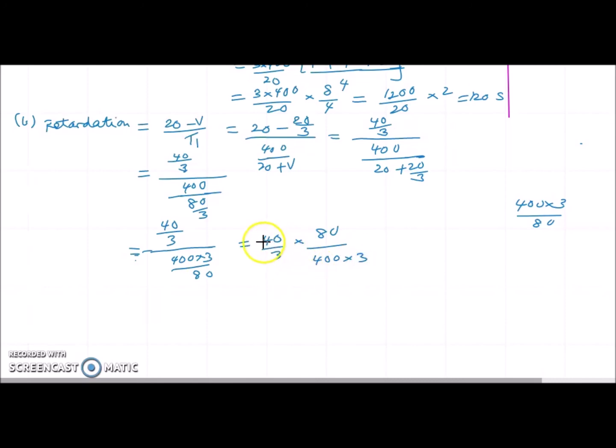Then 40 cancels with this, 10. This cancels with this, 8. We get 8. Then we get 3 into 3, 9. 8 by 9. This is the retardation. What are the units? ms minus 2. ms minus 2 is the retardation.